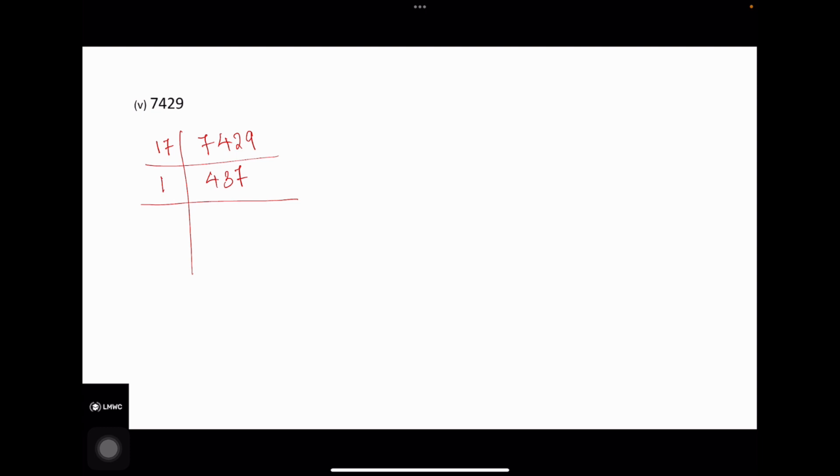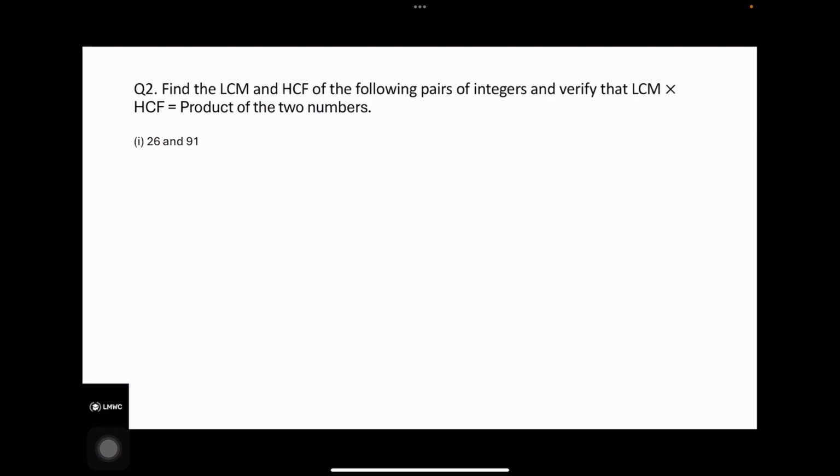And the next prime factor over here is 19 times 23 is equals to 437, and 23 times 1 is 23. So here we have the prime factors of 7,429 equals to 17 times 19 times 23. So with this we are done with the first question.